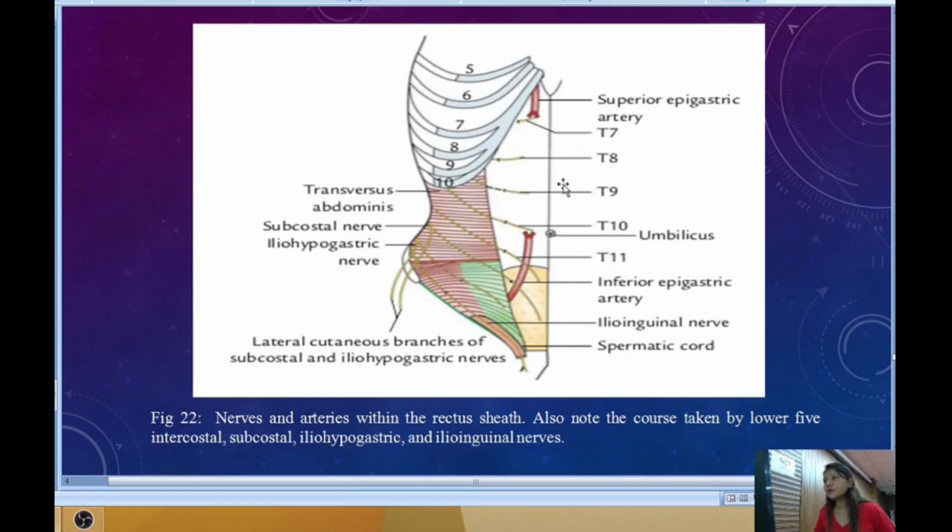We have lower 6 nerves, that is T7, T8, T9, T10, T11, T12. So contents we have to see that.